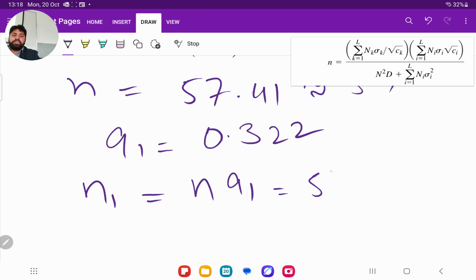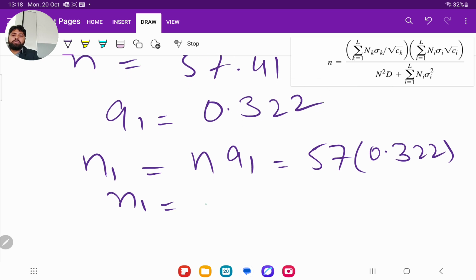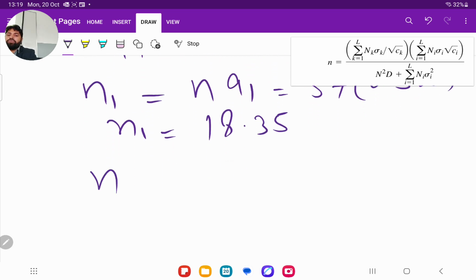So N is 57 multiplied by 0.322. So n1 is equal to 18.354.